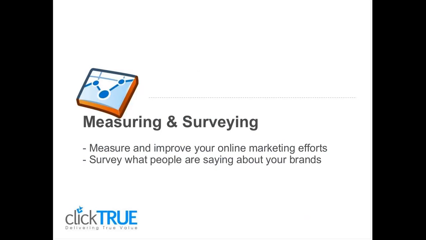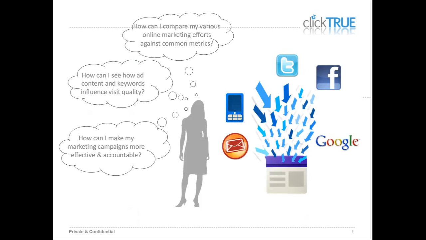So let's talk about measuring and surveying. That's right. So for external properties, what we want to understand in terms of tracking is measuring how effective your campaigns from each source is doing.